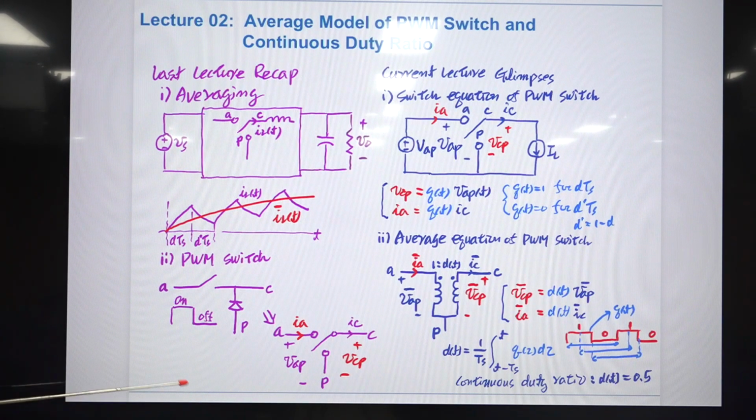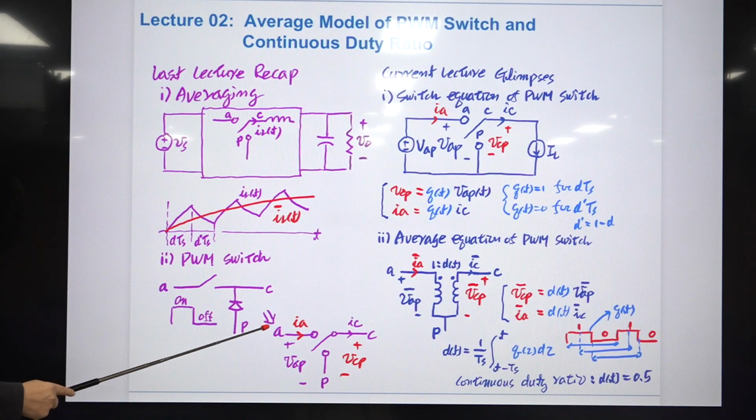Okay, this is the notation or the circuit diagram of the PWM switch, which is an SPDT switch. This is the A terminal, P terminal, common terminal, and this is the switch drive signal. And during this time period, the switch is turned on and this diode is automatically turned off. And during this off time, this switch is turned off.